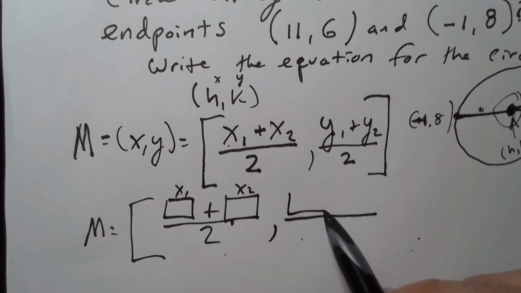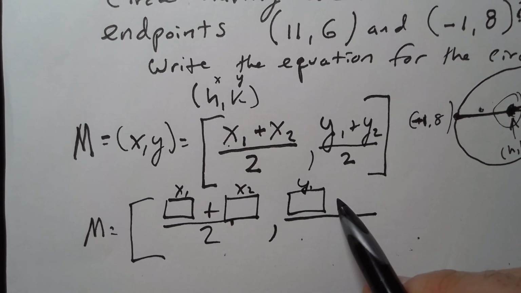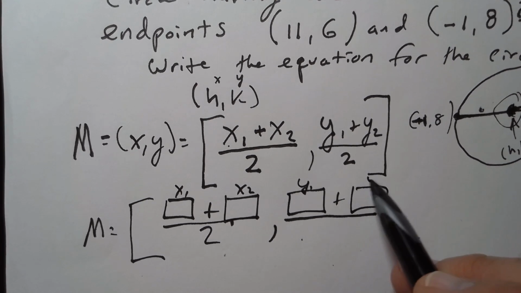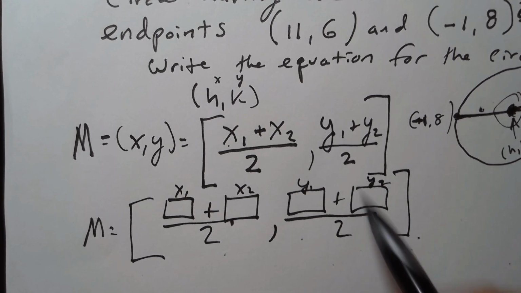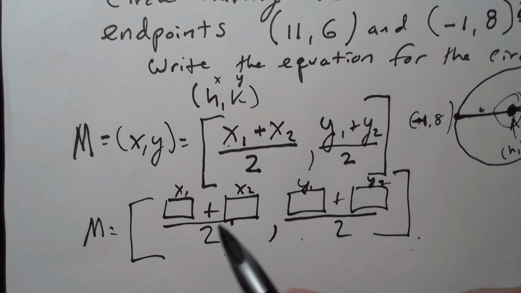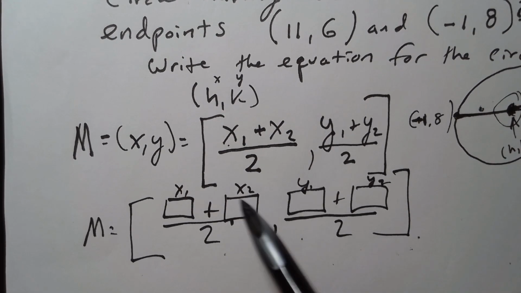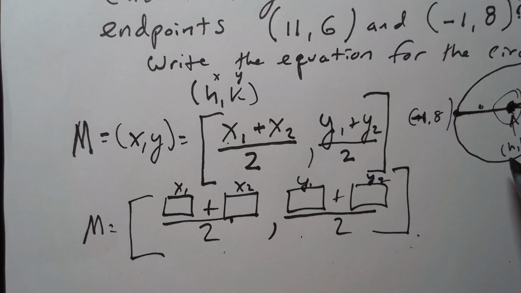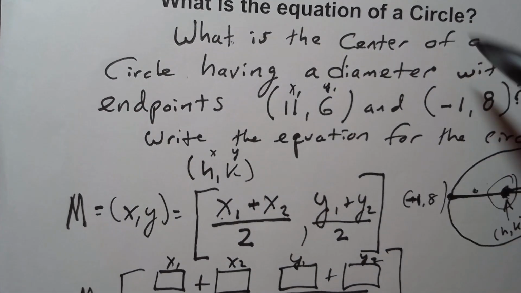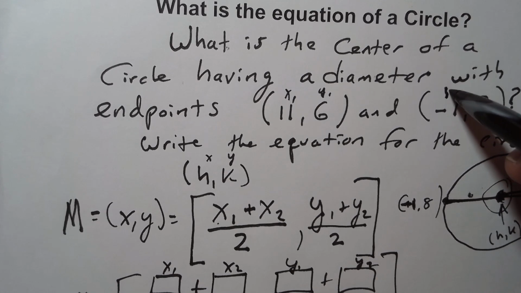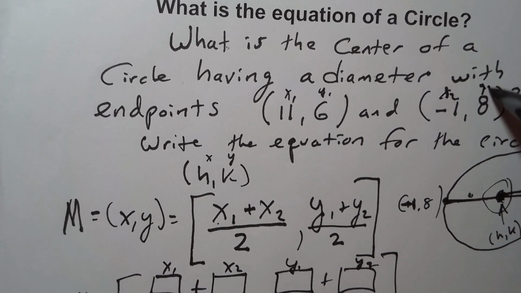And on this side we've got a box with a y1 plus a y2, over 2. So I'm just bringing this down and moving out the variables and leaving empty boxes there that we're going to fill in. So we're going to call this our x1 and our y1, and we're going to call this our x2 and our y2. It doesn't matter.